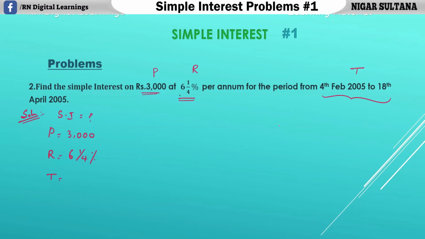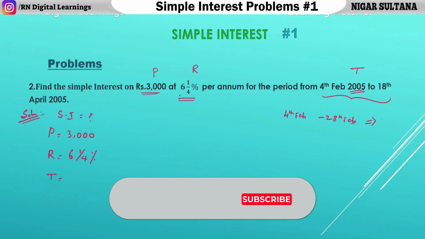Now, from 4th Feb, see this is 2005, it is not a leap year, so it's an ordinary year, so February will end on the 28th. Exclude the 4th and start from the 5th. From 5 February to 28, there will be how many days? 24 days.